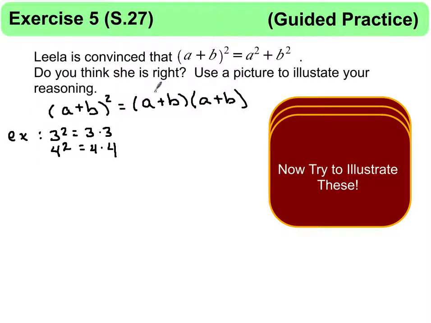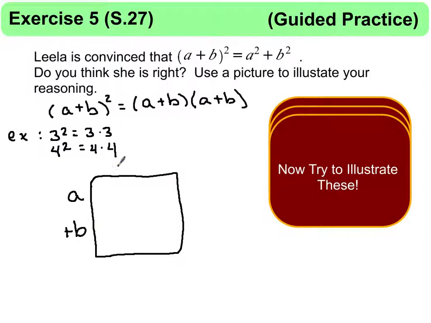Now, given that this first factor has an a plus b, and this second factor has an a plus b, when we go and we draw our box, we're going to actually draw a square to give ourselves more space, and we'll write an a plus b on the side, and an a plus b at the top.